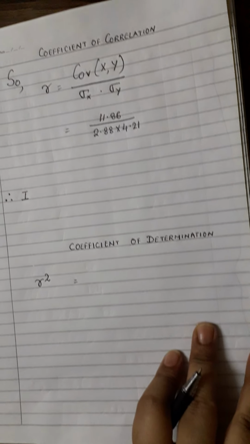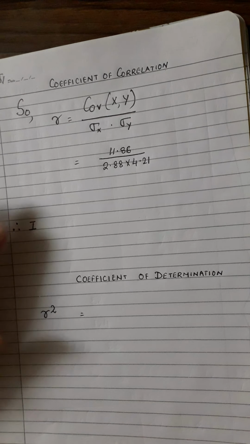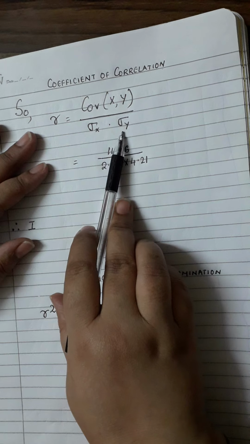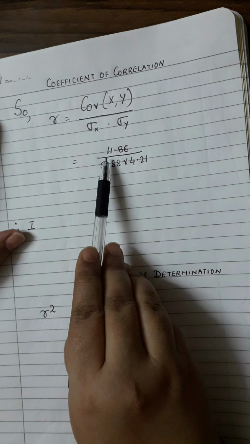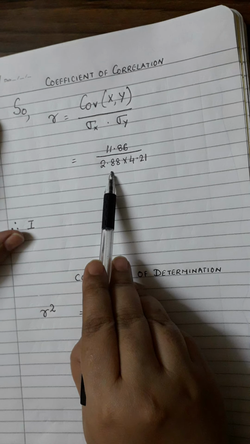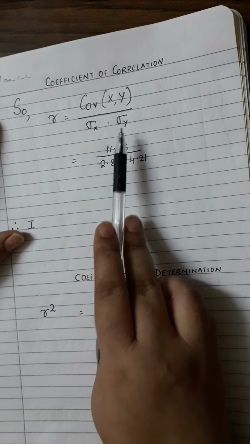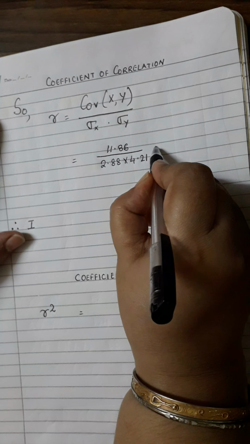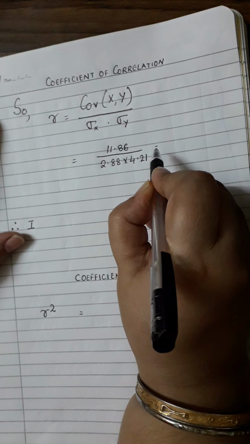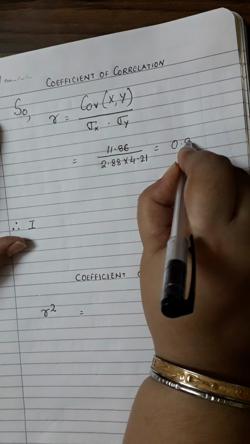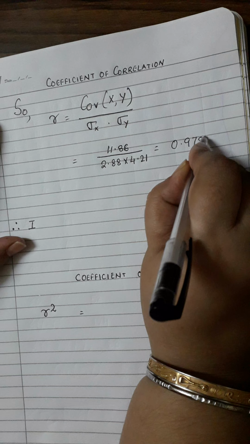So if we just substitute these values in this formula, covariance xy by standard deviation of x into standard deviation of y, that's 11.86 was the covariance xy, and sigma x we got to be 2.88, and sigma y we got to be 4.21. We can definitely get the value of the correlation coefficient, and it is coming to be 0.9787.